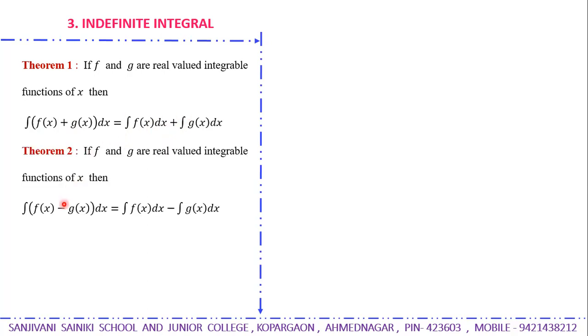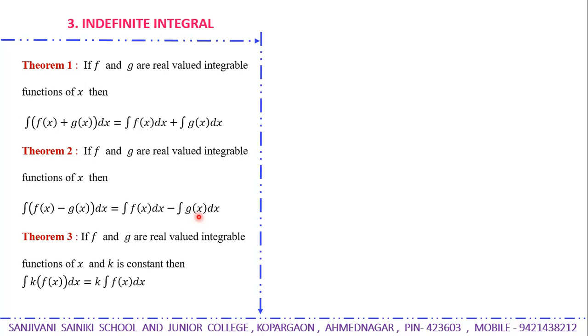Then similarly the difference. The integral of the difference of two functions is equal to the difference of integrals. Integration of f of x minus g of x dx is equal to integration of f of x dx minus integration of g of x dx.